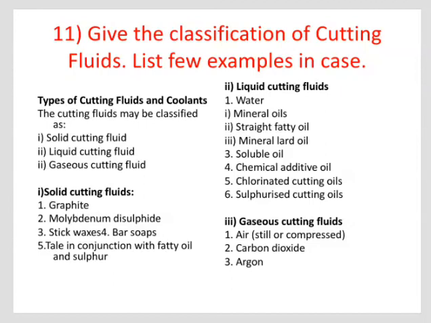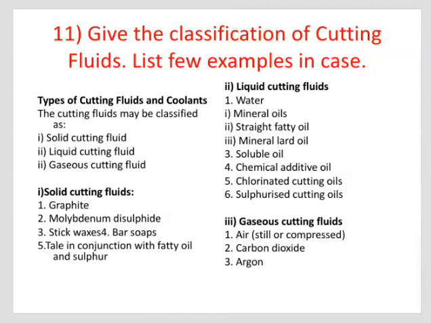Then classification of cutting fluids. Here the cutting fluids may be classified as types of cutting fluids and coolants. The first one is solid cutting fluid, liquid cutting fluid, and gaseous cutting fluid. In solid cutting fluids: graphite, molybdenum disulfide, stick waxes, bar soaps, tallow in conjunction with fatty oil and sulfur.